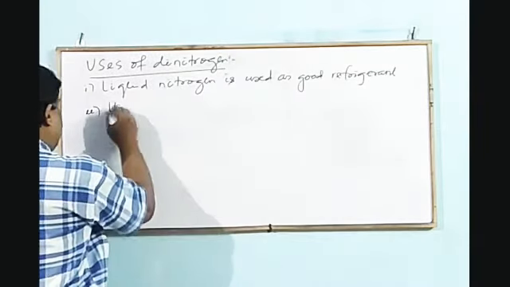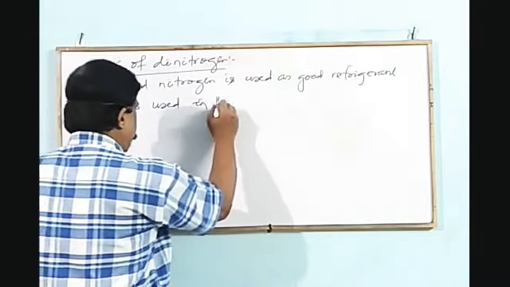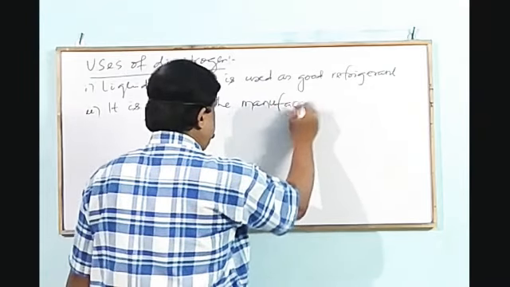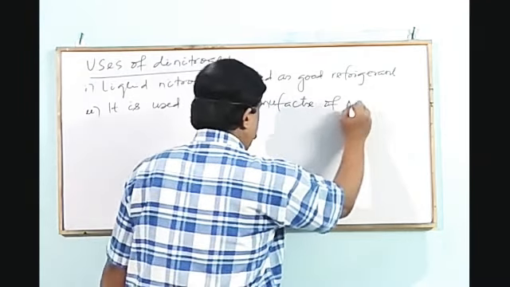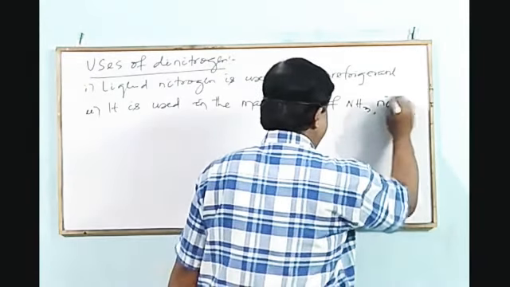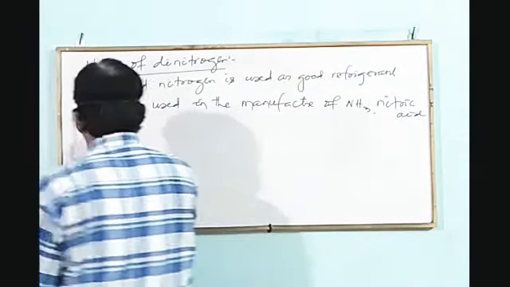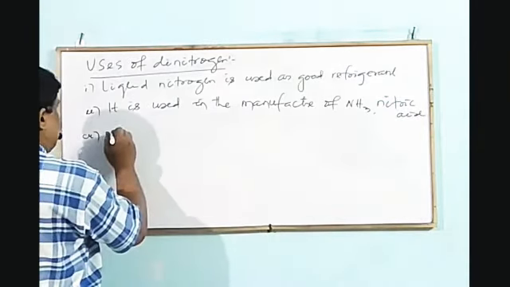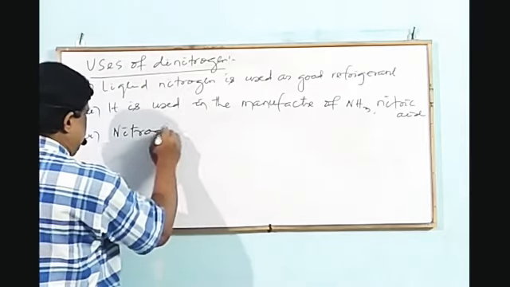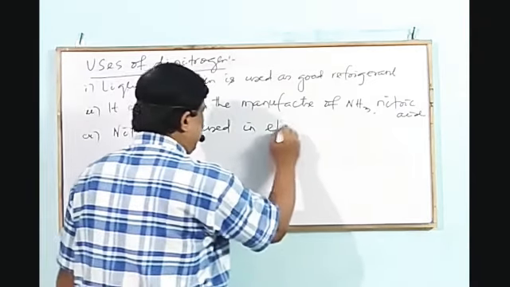Next, it is used in the manufacture of ammonia, nitric acid, etc. Next, nitrogen gas is used in electric bulbs.